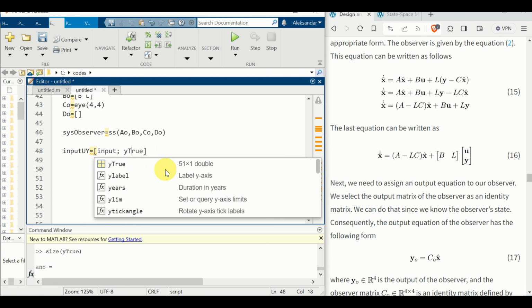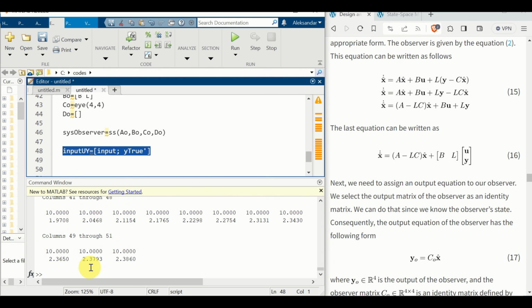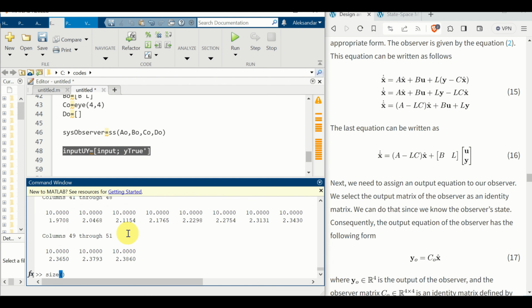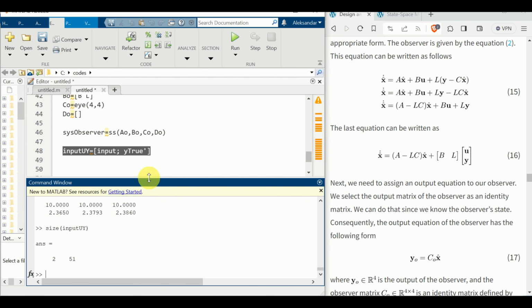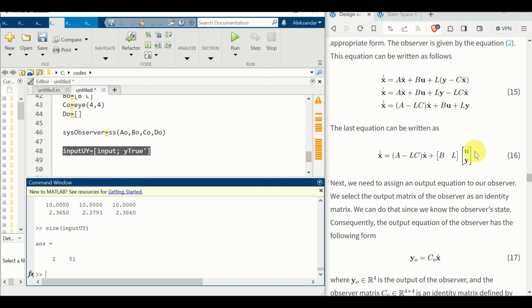So we need to type this y true, and we need to transpose. Okay, so let's look into our input now. Let's type size input uy. Here it is. Perfect. It contains 2 rows and 51 columns. The first row corresponds to u, the second row corresponds to y.